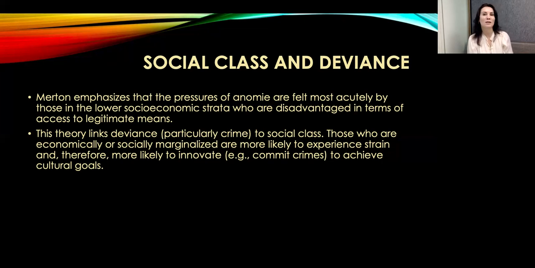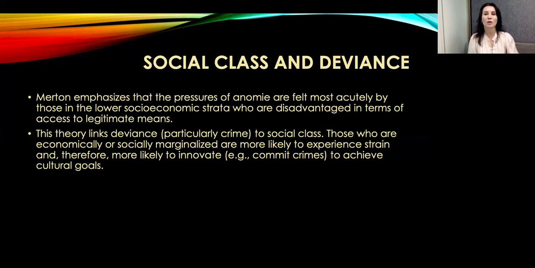Therefore, some of the small crimes are committed by them because it's very hard for them to make ends meet sometimes, right? And they are disadvantaged in terms of access to legitimate means. If you are making enough money, you can have access to a better healthcare system, better education, or you can get legal support, if you will.